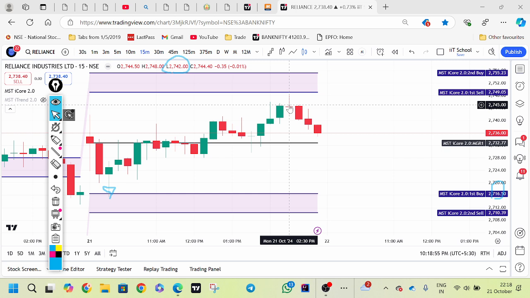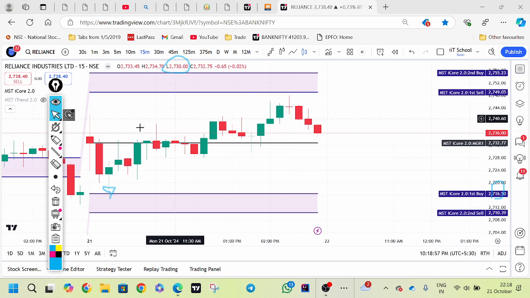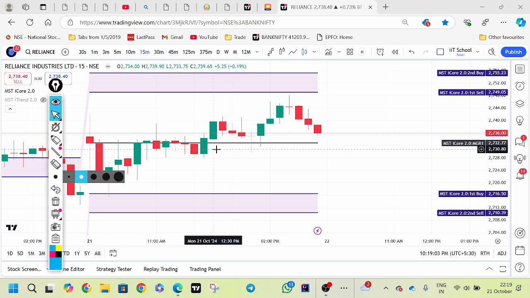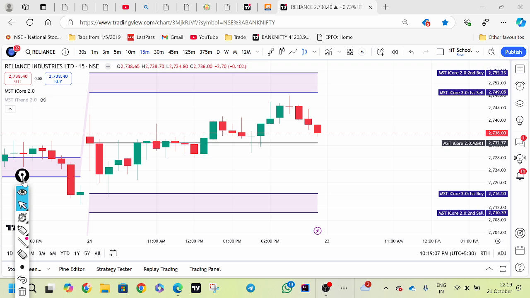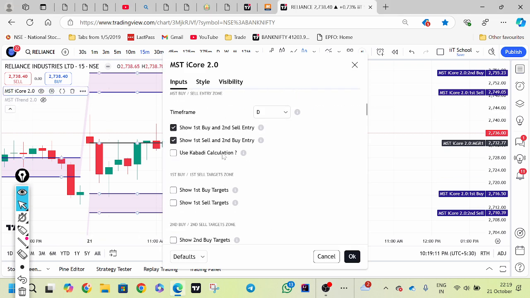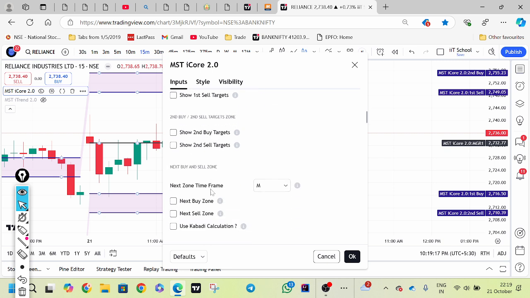But once buy or sell is activated, we will be in the trend only. We will not trade against the trend. So once buy or sell is activated, what are we supposed to do? Go to the indicator settings here and scroll down. Since buy activated, I am removing the sell and enabling the buy targets.